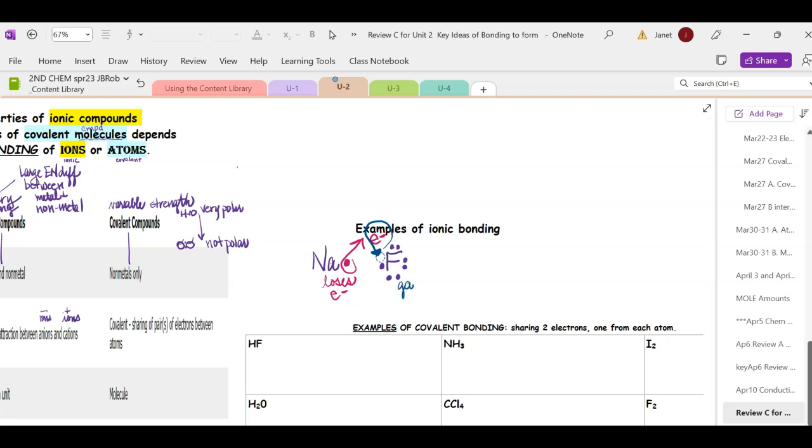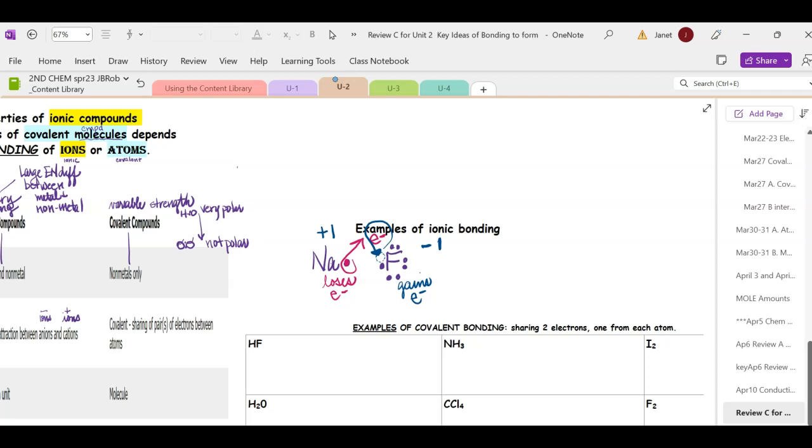So this guy gains an electron. The sodium, having lost an electron, becomes a +1 ion, and fluorine, because it gains an electron, becomes a -1 ion, because it's the electrons that are the negative things.